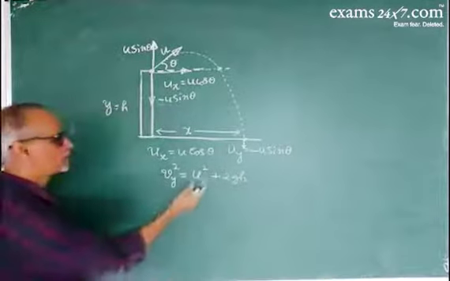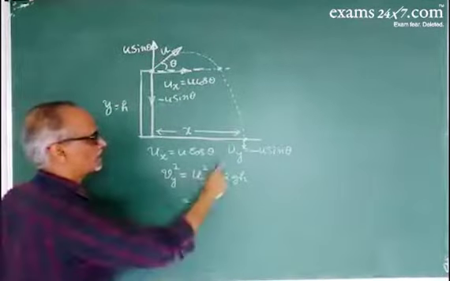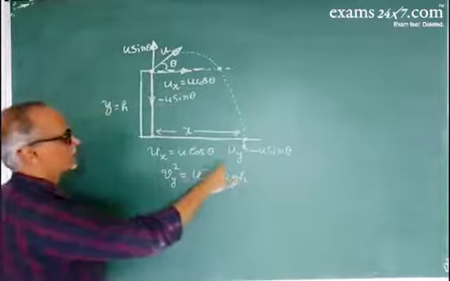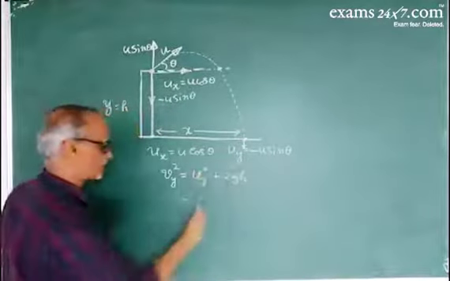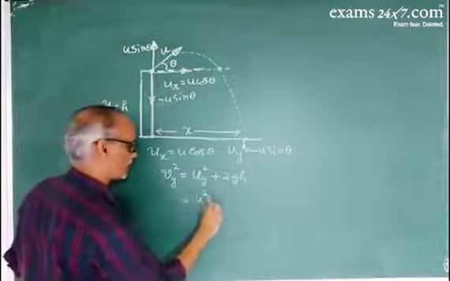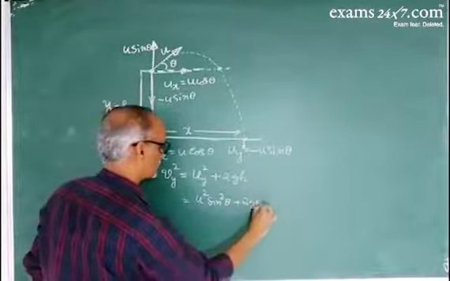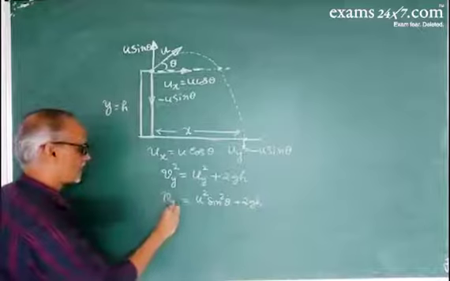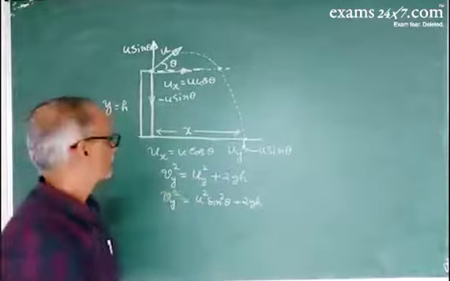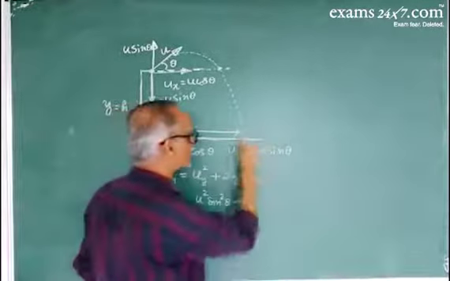But what is the value of uy? uy is nothing but minus u sin theta. Square of it will give you u square sin square theta plus 2gh. So that is Vy square. So what is the horizontal velocity on reaching the ground here?